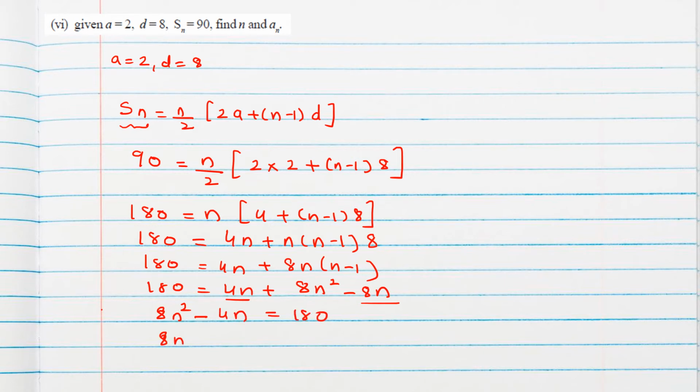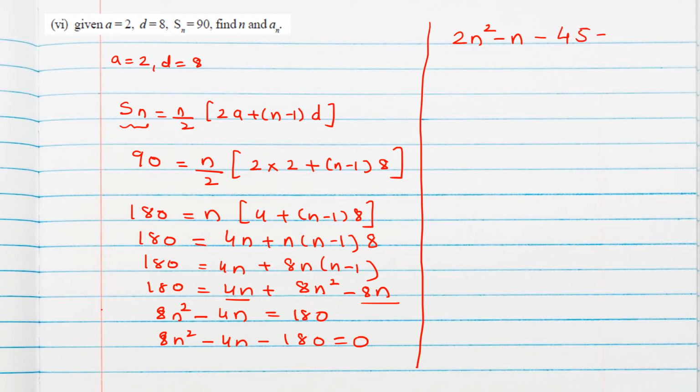Then transfer this 180 this side. So now from 4 we can divide the whole equation. So 2n squared minus n minus 45. So this is the quadratic equation.